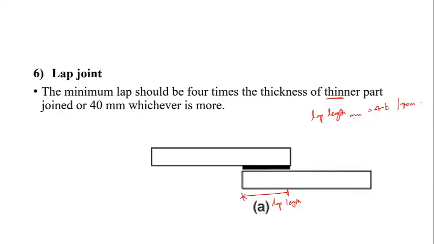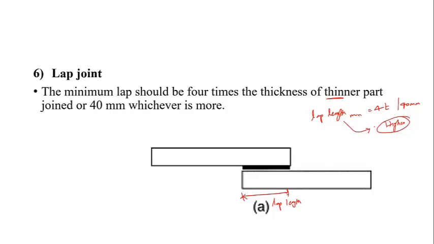I have shown you this in the beginning itself, but I'm reminding it once again. Of these two, whichever is higher, that you are going to adopt as the minimum lap length. That's how you can find out the minimum lap length of a lap joint or a fillet weld.